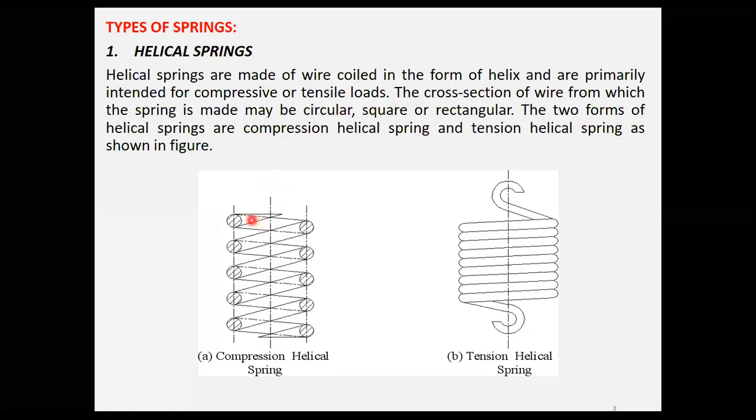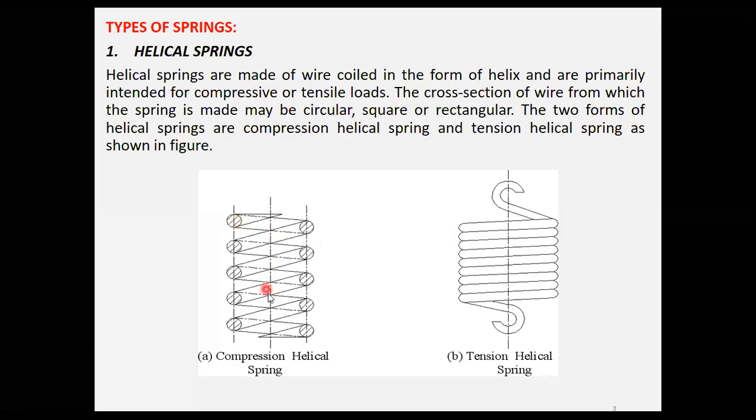If you see the cross section of this wire, the cross section might be circular. Here you can see that it is a circular one. Instead of circular, you can use square or rectangular also, depending upon the application. In total, 3 types are available: one is circular, another is square, and one more is rectangular.